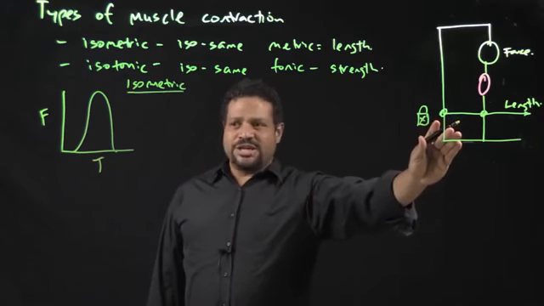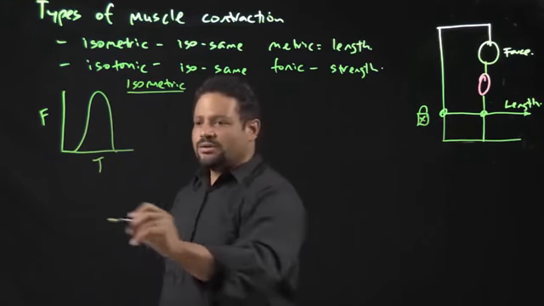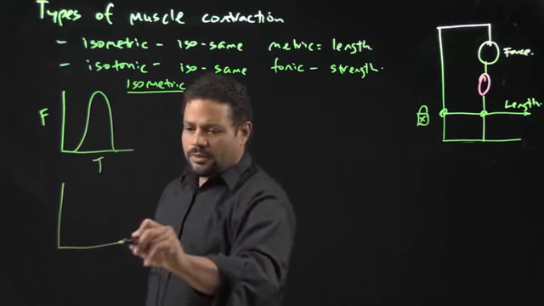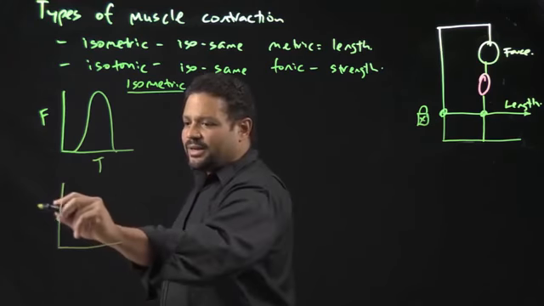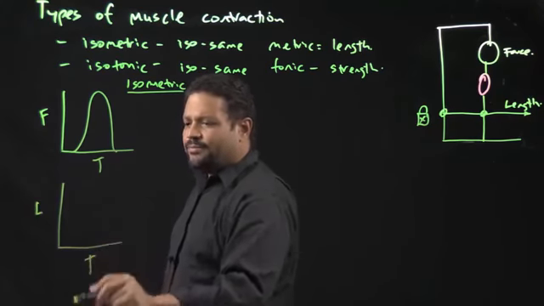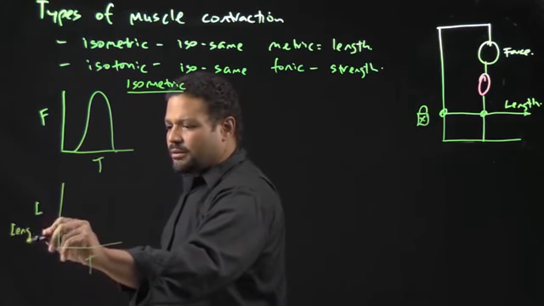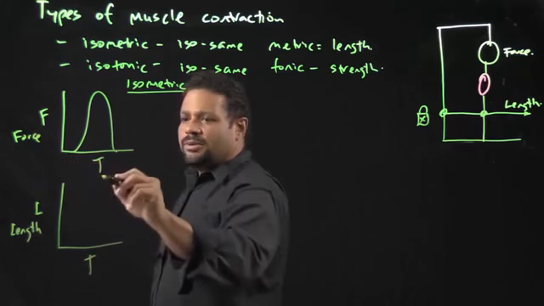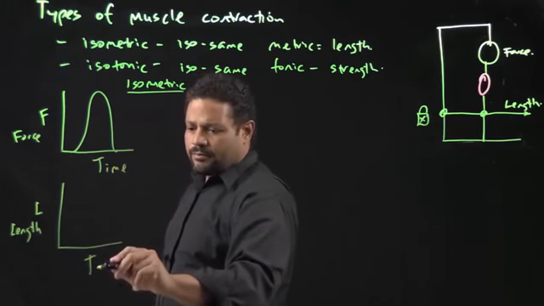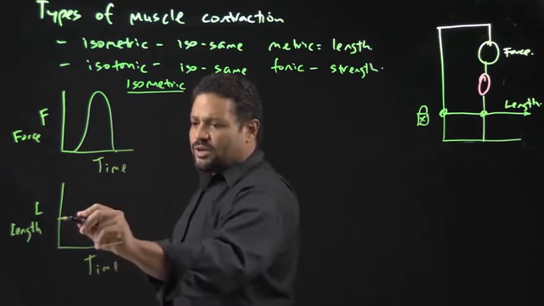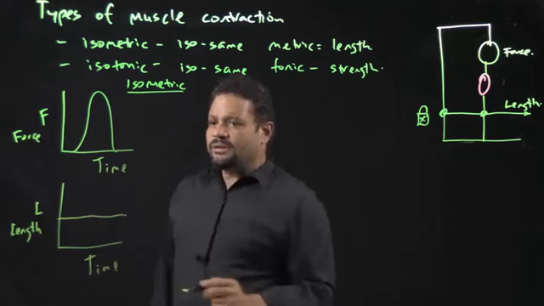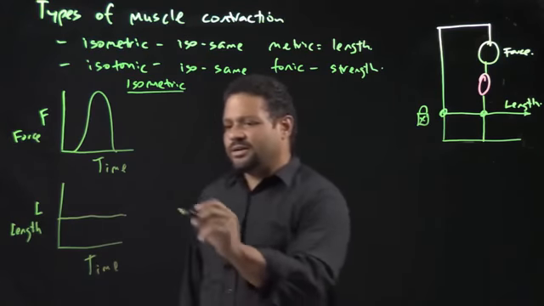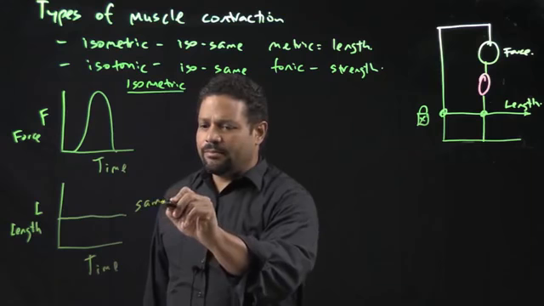There is no length change because this apparatus is locked. So when we look at length over time, there is no length change because it's isometric, which means same length.